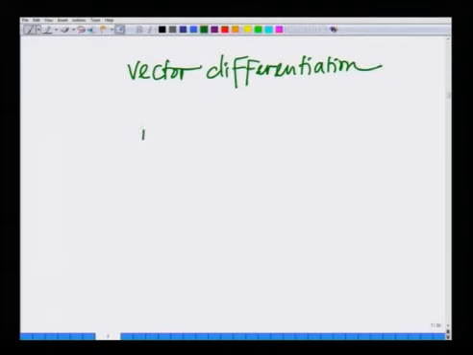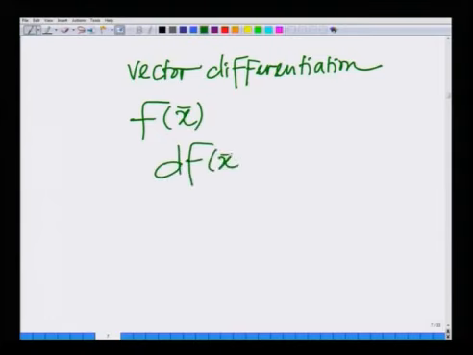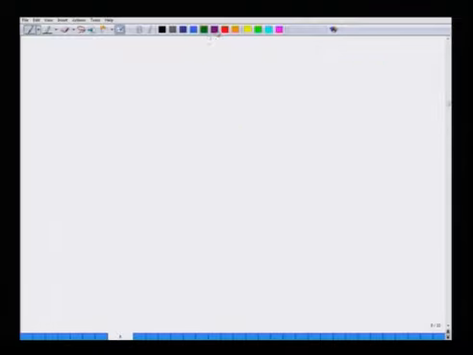That is, if there is a function f which is a function of a vector quantity x bar, how do you differentiate df of x bar with respect to dx bar? How do you differentiate that? The answer to that is simple. Let me write a column vector.